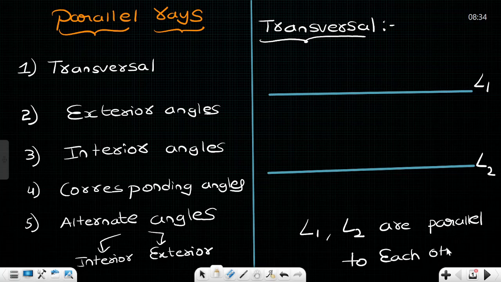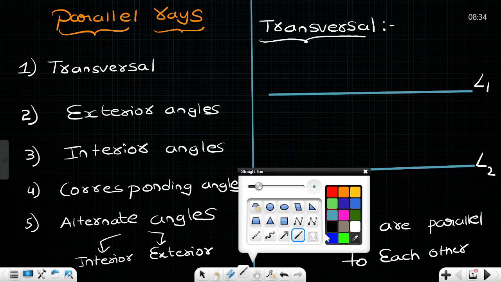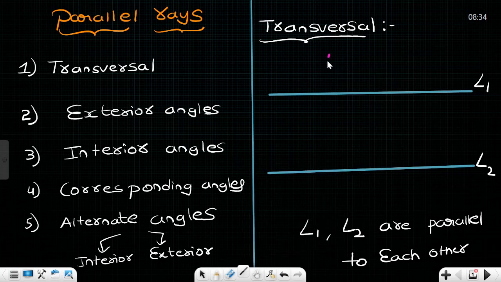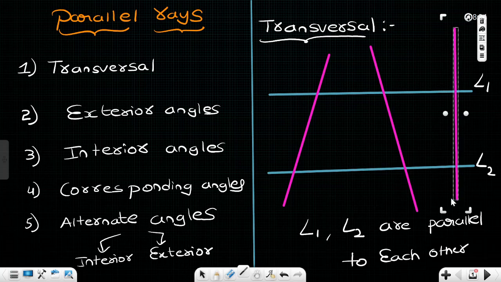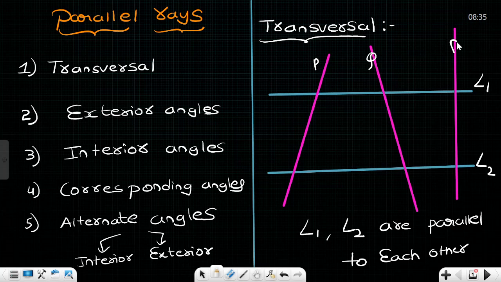So now any other line which is cutting this, it can be like this, or it can be like this, or it can be like this. Any other line, like let's say this line is PQR. Any other line which is cutting the two parallel lines is called transversal. So PQR can be called as transversals of the set of parallel lines L1 and L2. Okay, fine.